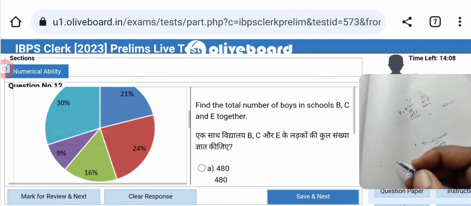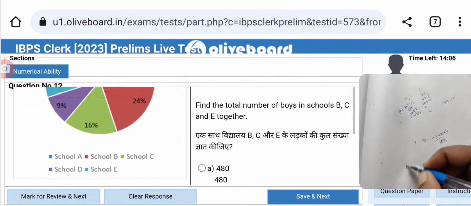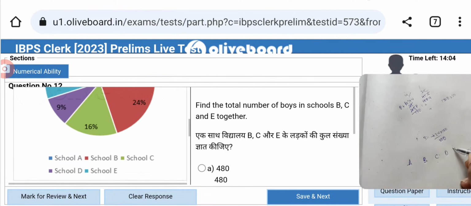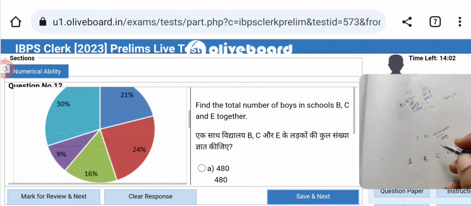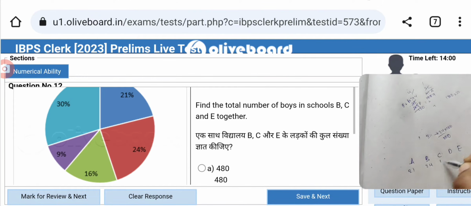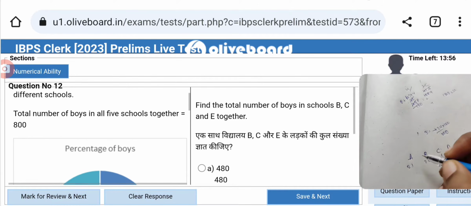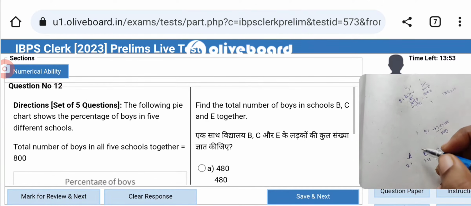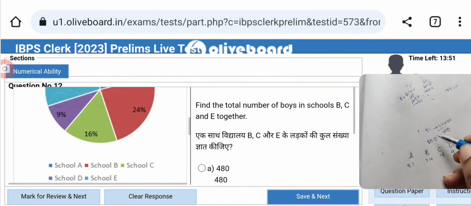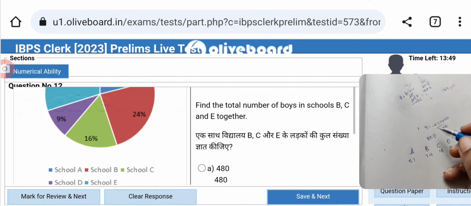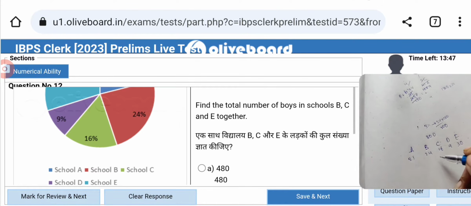Given schools A, B, C, D, E with respective percentages 21, 24, 16, 9, 30 of boys. So the total number of boys is 800. Now let's go to the questions. Number of boys in B, C, A together.